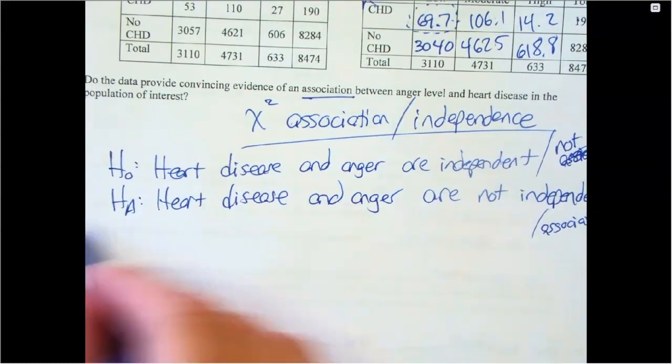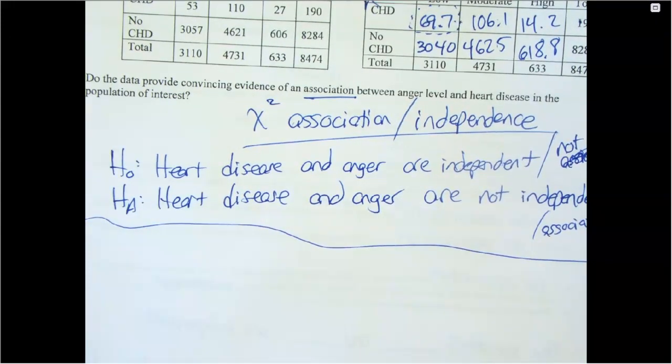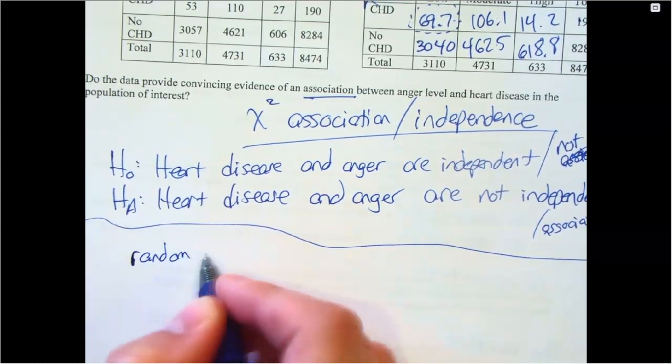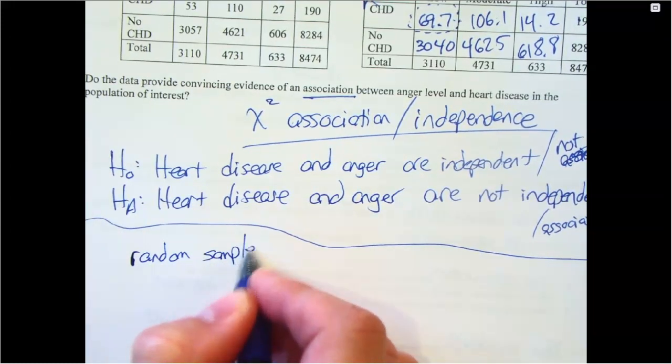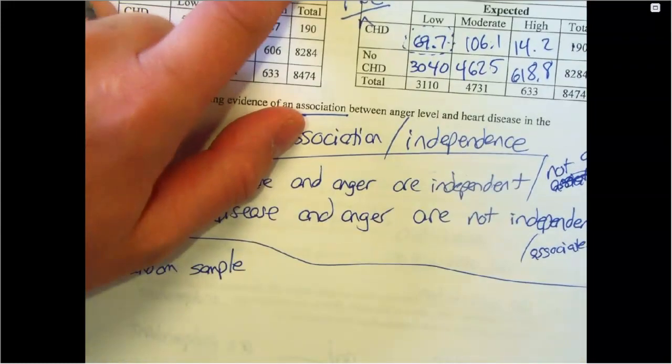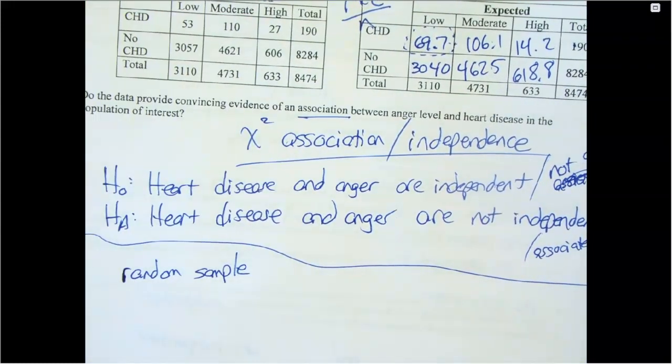Alright. Conditions. So does it say randomness in there somewhere? It does. We got a random sample. We need the less than 10% condition. So I'm assuming there's more than. Yes. You can, yeah. I know it's different words, but they really have the same meaning, so it doesn't matter.